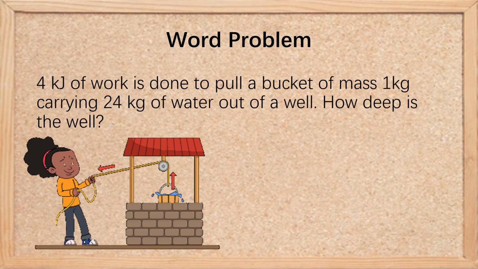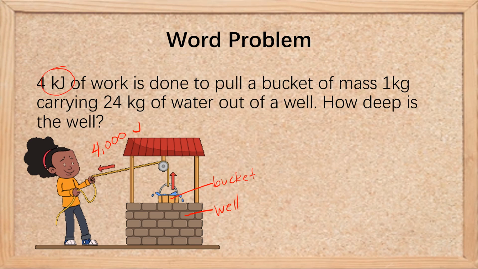So looking at our word problem for kinetic energy, so 4 kilojoules of work is done to pull a bucket of mass 1 kilogram carrying 24 kilograms of water out of a well. So how deep is the well? So this is the well, and this is the bucket, and then this is the person doing the work, exerting 4,000 joules of energy, because this is kilojoules.